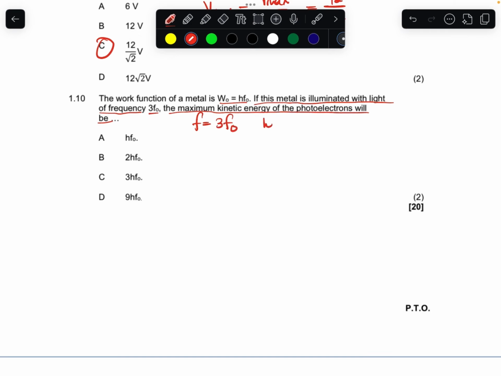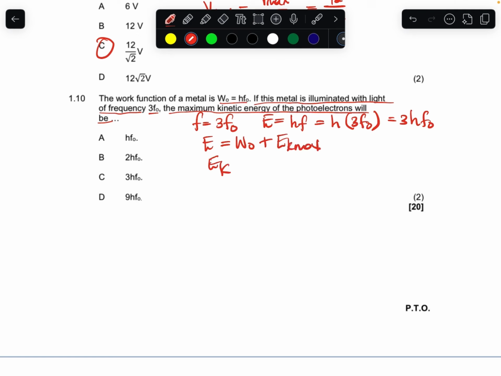In other words, that means the energy is equal to h times, instead of the frequency, you're going to substitute 3 times the threshold frequency. That means it's going to be 3hf0, right? Now they wanted the kinetic energy. We use the formula that says energy is equal to work function plus the kinetic energy, right?